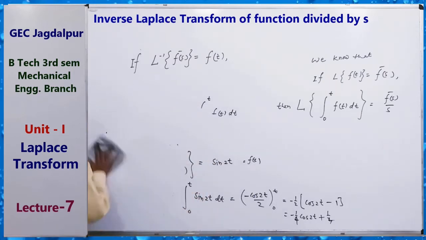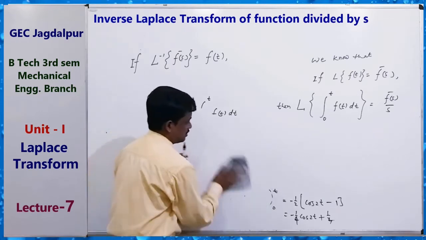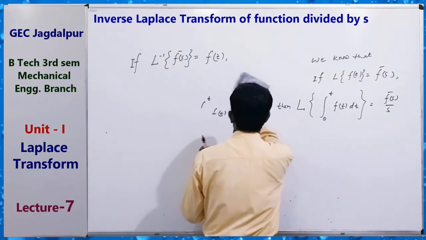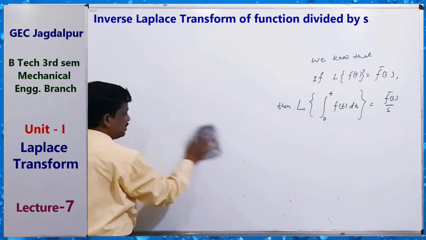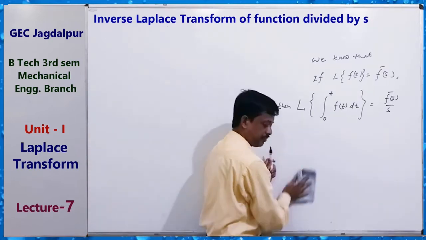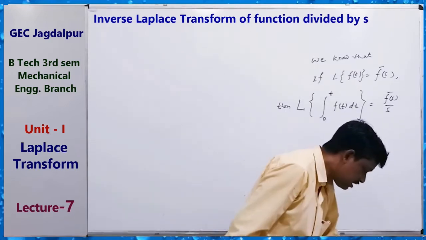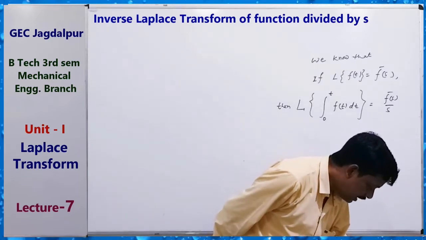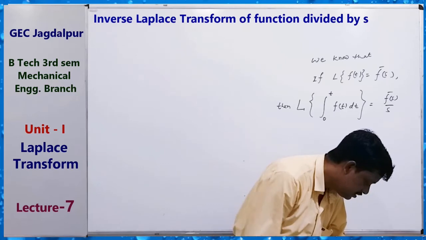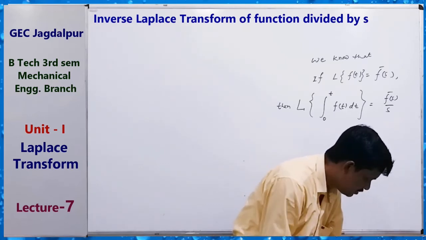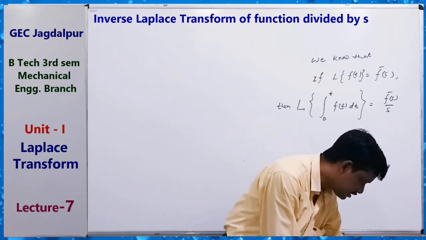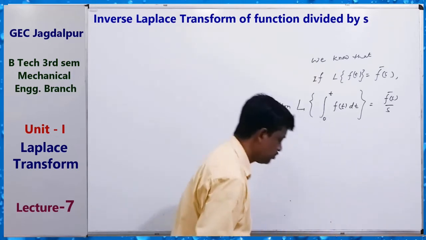So using this formula, we just have to solve a question. The question is: find the inverse Laplace transform of s plus 2 by s square, s plus 1, s minus 2.